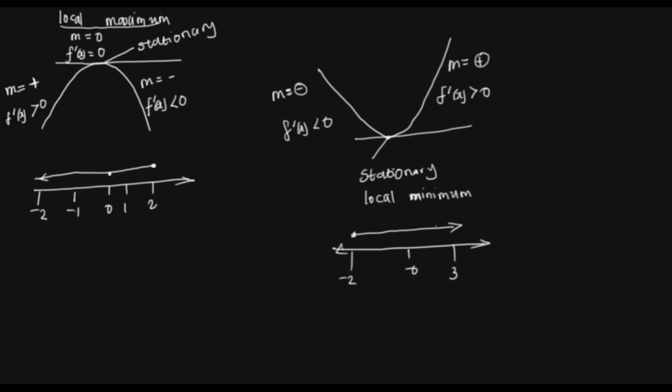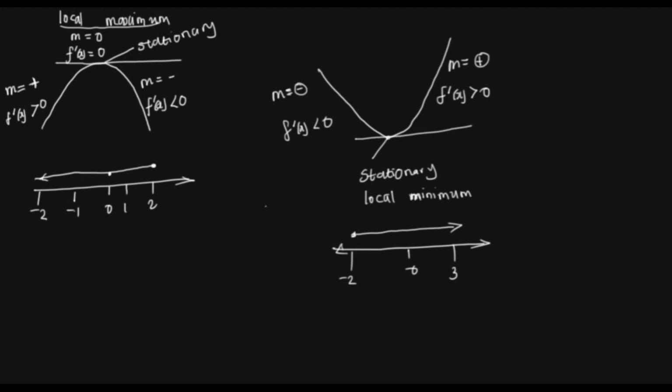So for a local minimum, the graph of f has a local minimum when f prime of x is less than 0 to the left of the stationary point, while f prime of x is greater than 0 to the right of the stationary point. So therefore, if you are asked to find the coordinates of the stationary point, you should equate the gradient to 0.